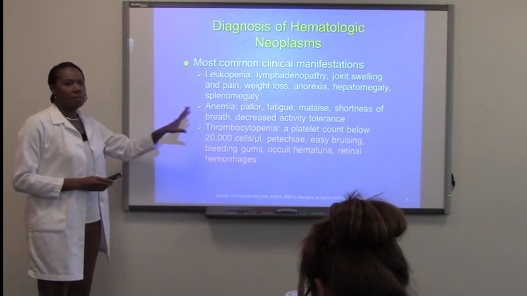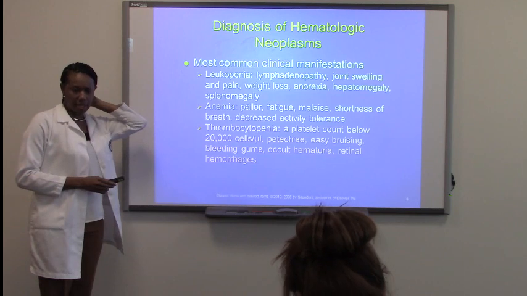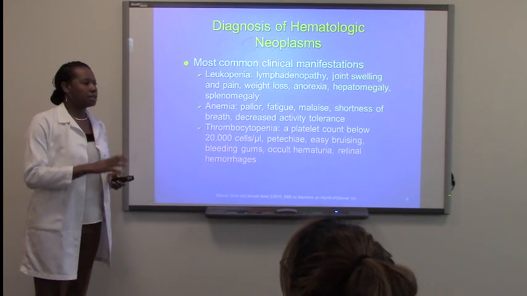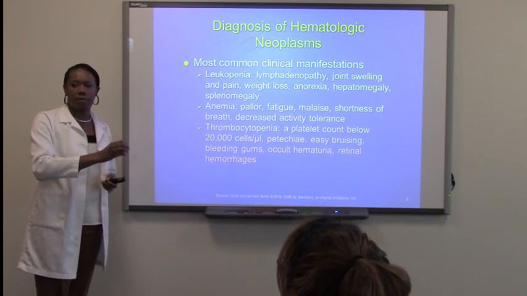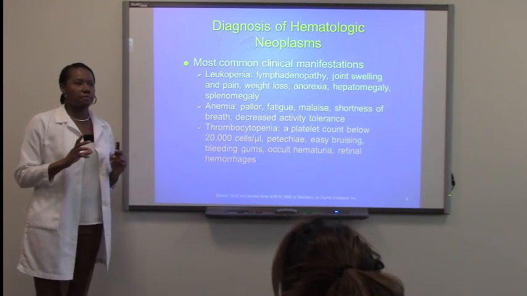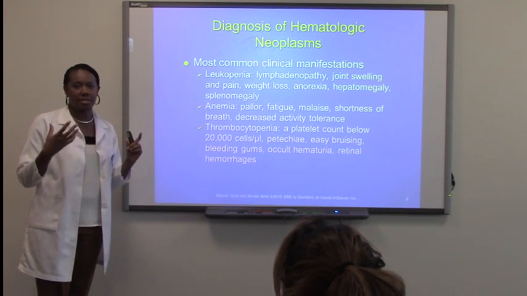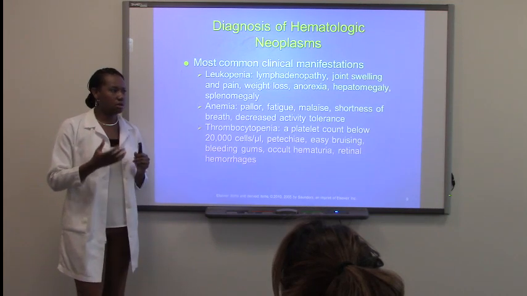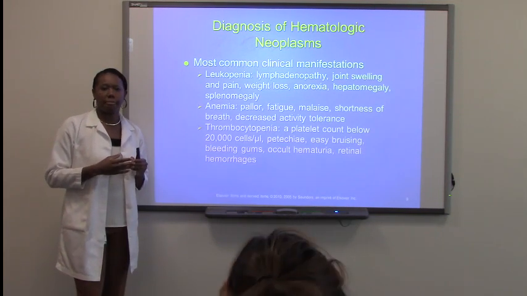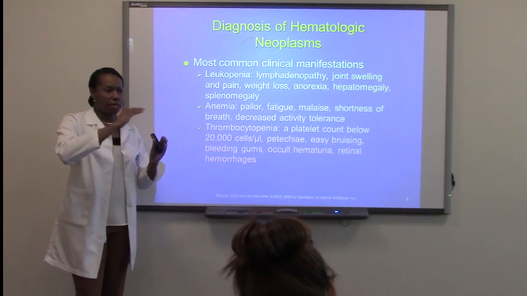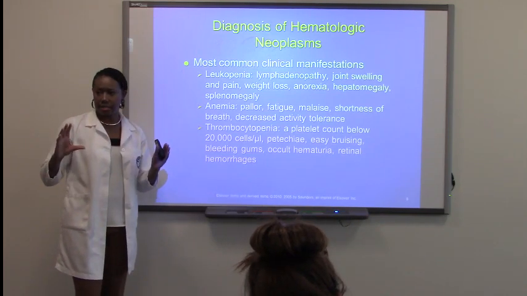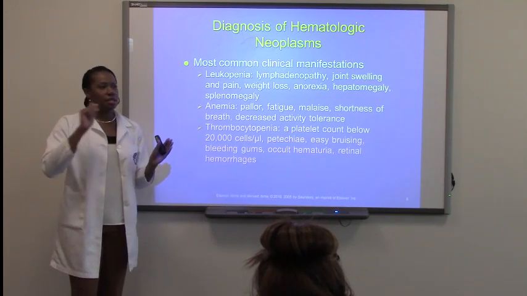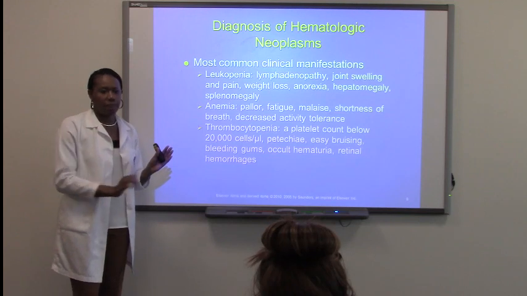Now, most common clinical manifestations. Let me tell you this: most of the manifestations that occur with these types of leukemias and lymphomas, some of them share the same common signs and symptoms. So what I would advise you to do when you are writing your notes or studying for next week's quiz is write out all the clinical signs and symptoms for each disease, and then highlight, okay, these 3 have fever, these 3 have weight loss, these 3 have bone pain, or whatever.